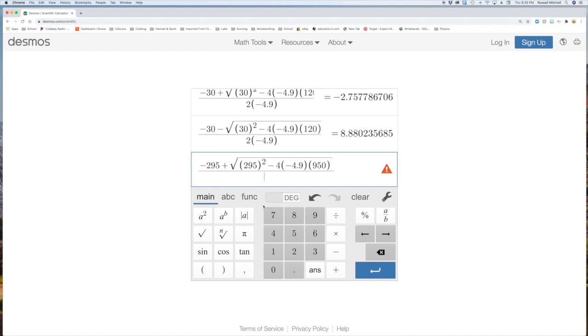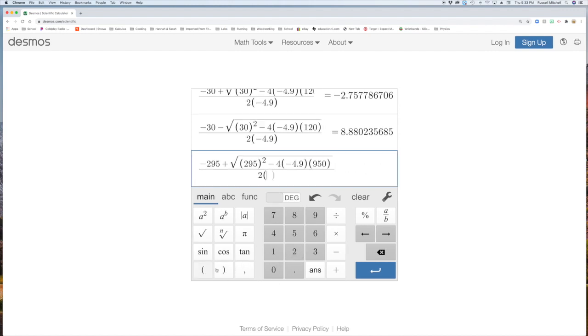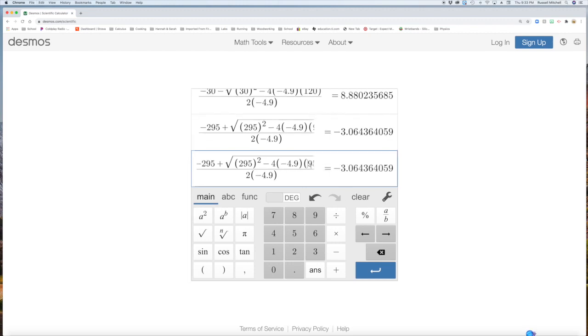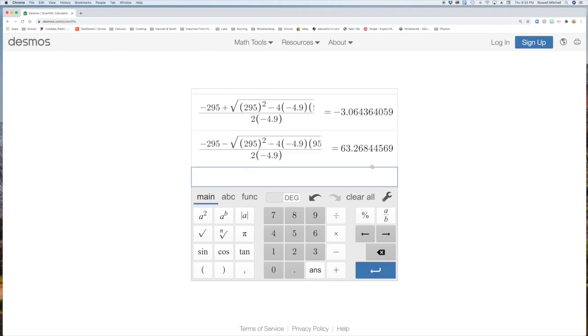And then all over 2 times your A, which is negative 4.9, close the parenthesis, and so we get negative 3.06. And then let's do the last one. We'll copy that, paste it, and this needs to change to minus. And this one's 63.26, so 63.3.